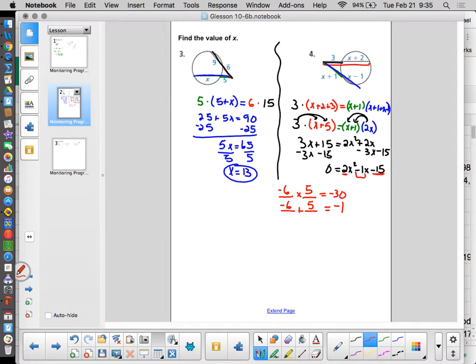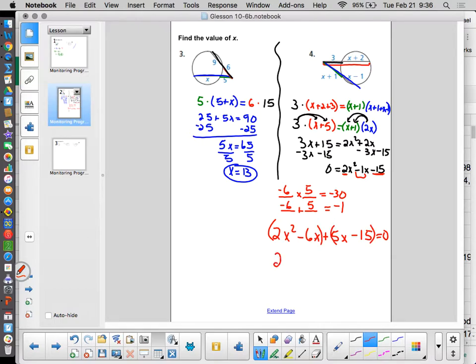Now, because there is a leading coefficient, a 2, I have to actually go back now and group that. So 2x squared, the negative 1x is going to be expressed as a minus 6x plus 5x, and the minus 15 equals 0. We group.